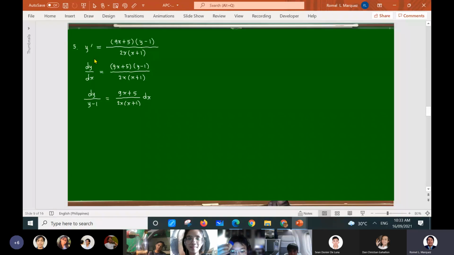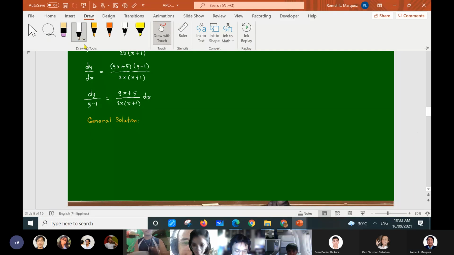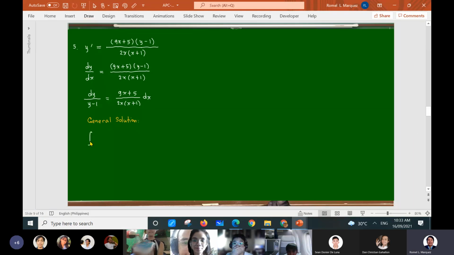So general solution now. We have integral of dy over y minus 1 minus integral of 9x plus 5 over 2x, x plus 1 is equal to c sub 1.